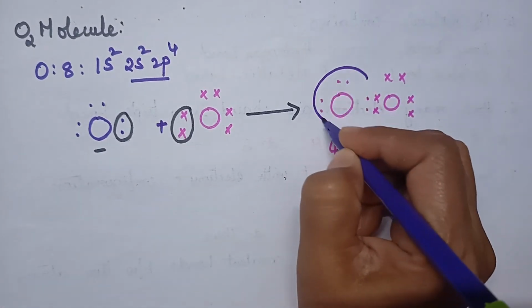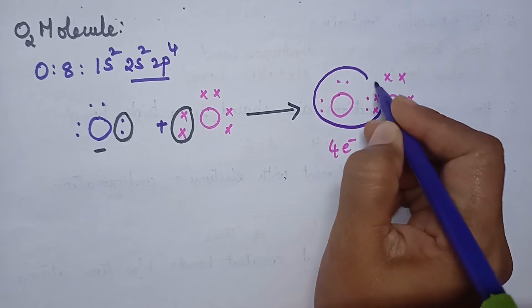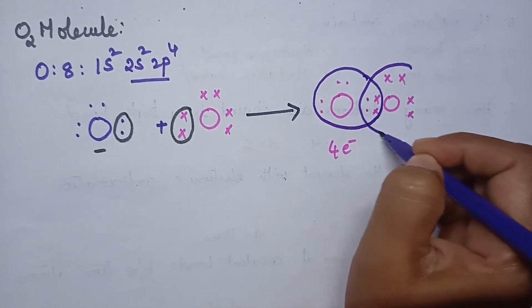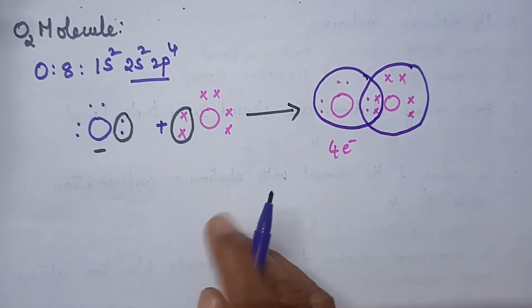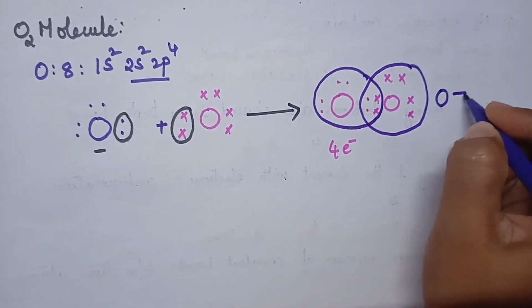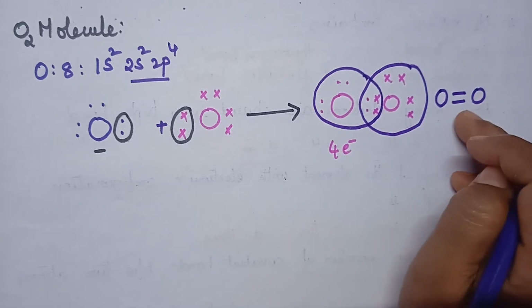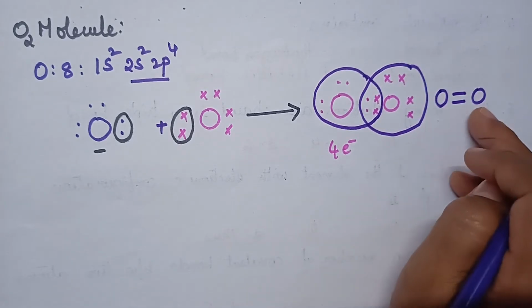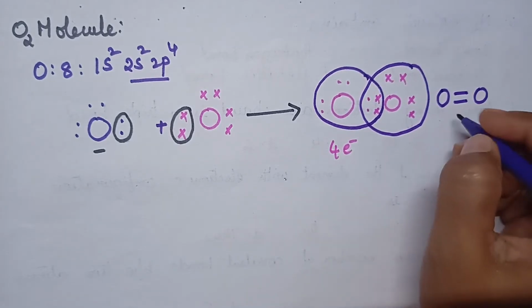So, these 4 electrons count for the stability of both the oxygen atoms. So, they can also be represented as O double bond O. So, a double bond is present between the 2 oxygen atoms.